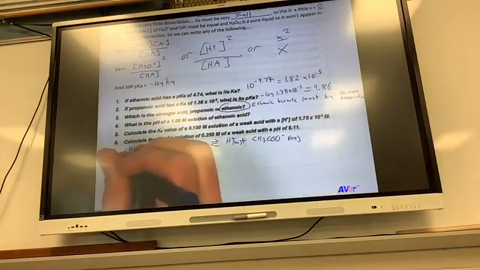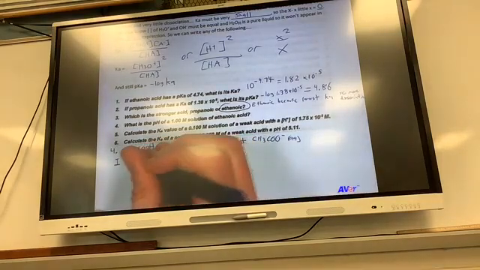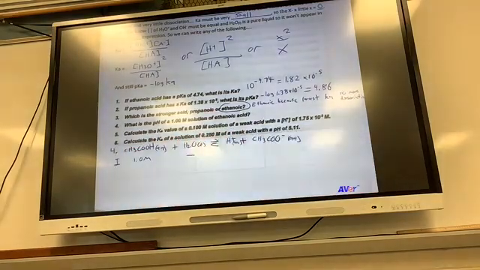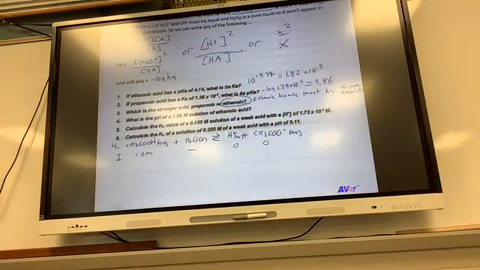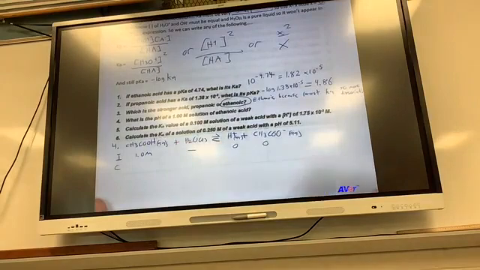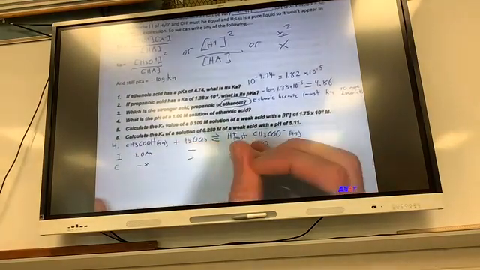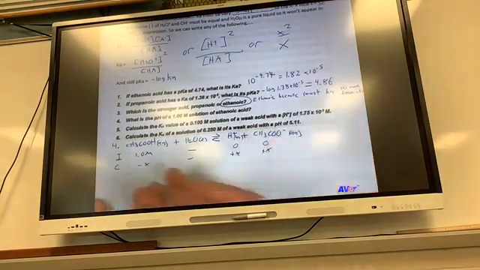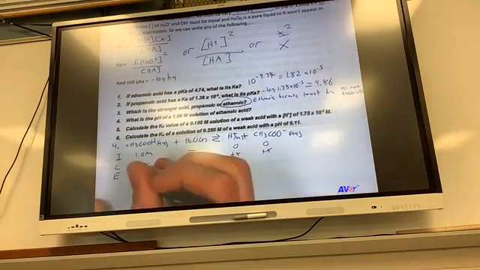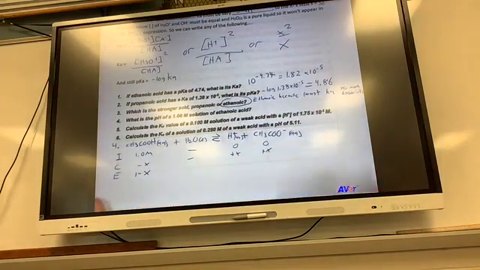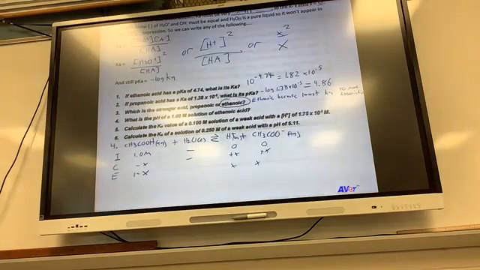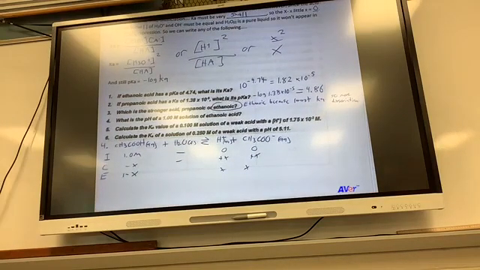Initial, I have 1.0 molar. Water's not part of it. Hasn't dissociated yet, so I have no products. My change is minus X, not part of it, plus X, plus X. My E is 1 minus X, X, and X. Here's the cool thing about this. If I write my K expression now, I have ethanoic acid.